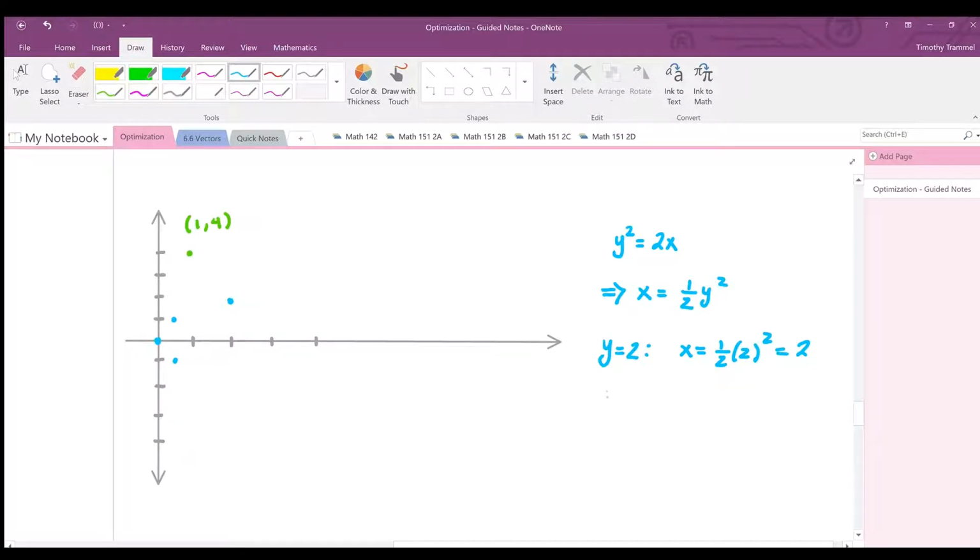And if we were to look at y equals minus 2 on the other side, we have x equals 1/2 times minus 2 squared, which is also equal to 2. So we'd come down here, and we'd go down to minus 2. And if we were to connect the dots here, we'd see that we have a parabola.